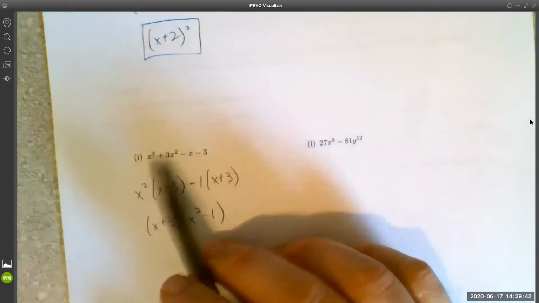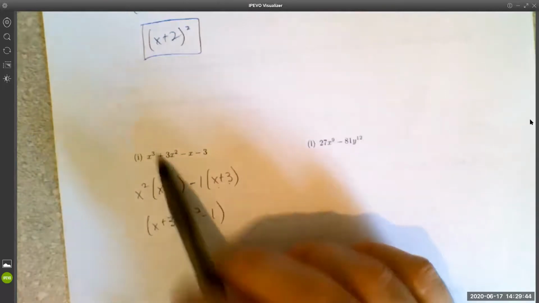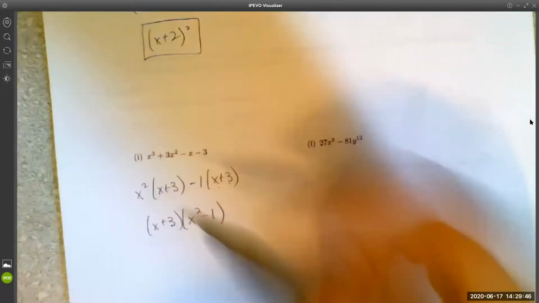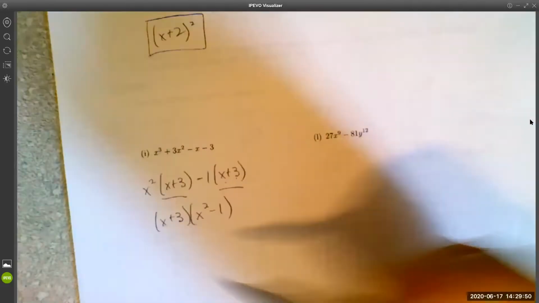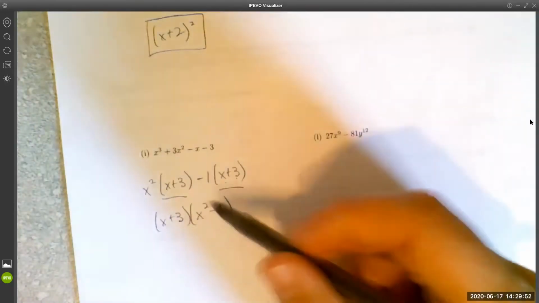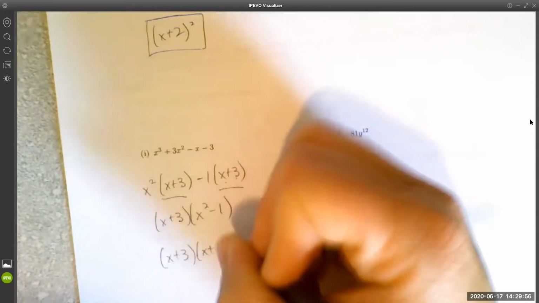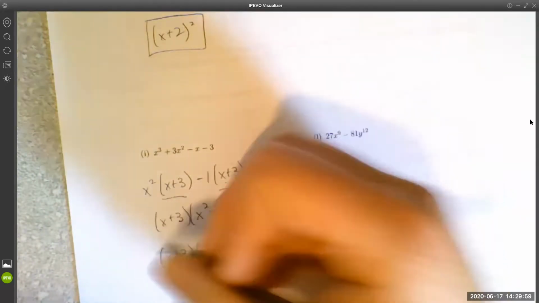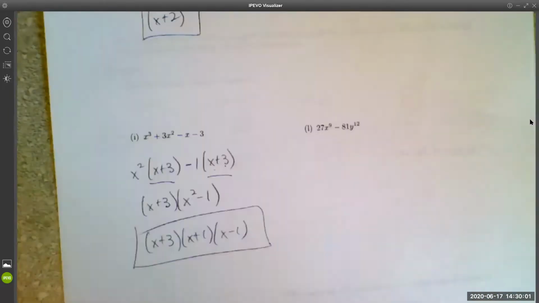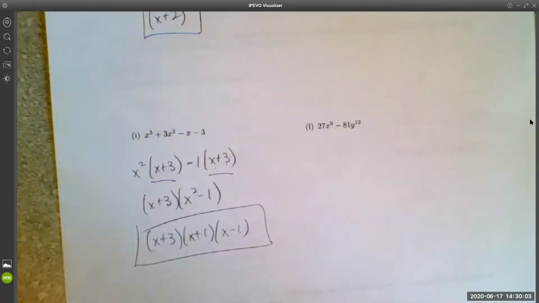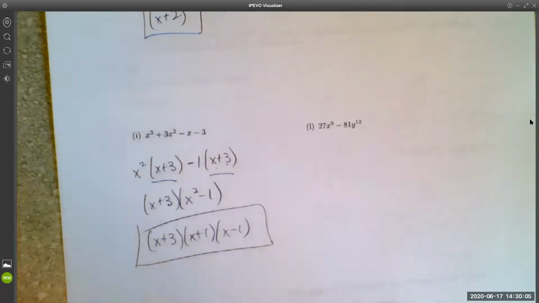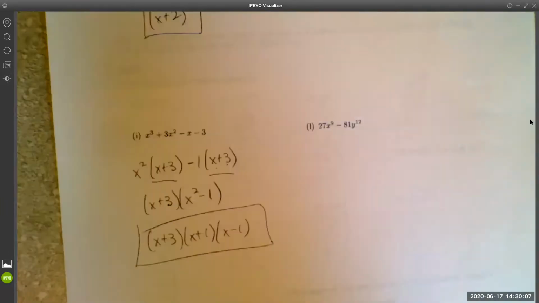In the first group, I factored out an x squared, obviously, and then you're left with x plus 3. And so since these two things match, now you can factor out the x plus 3, and you're left with x squared minus 1. This is a difference of squares, though, so it goes a little bit further. I like that one. That one's a nice one. All of the terms get down to linear terms. It's pretty cool.